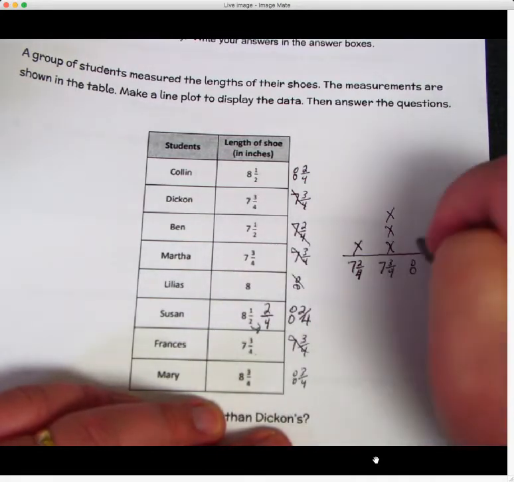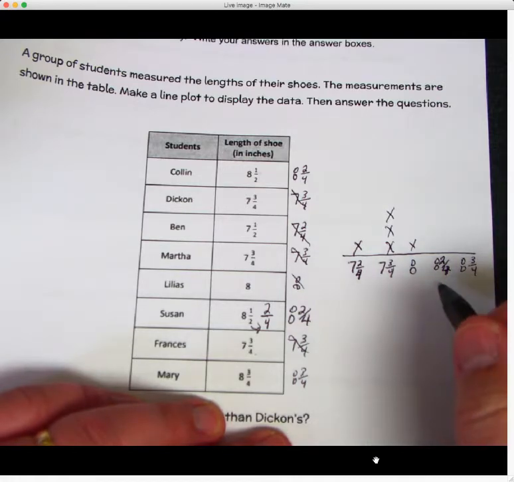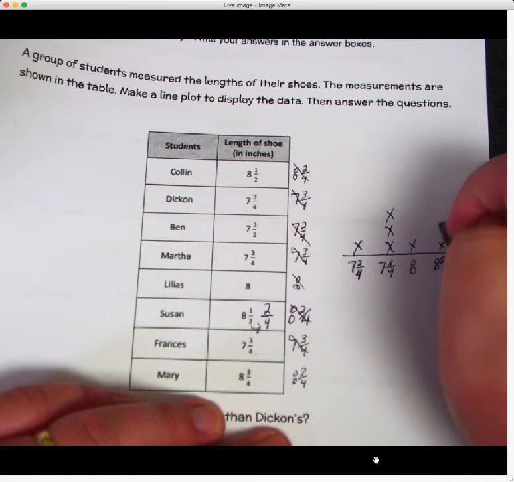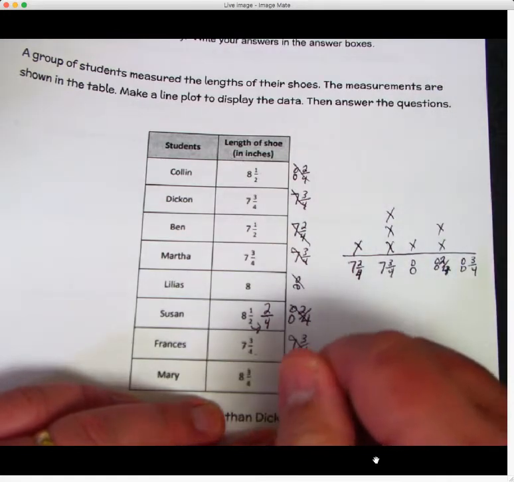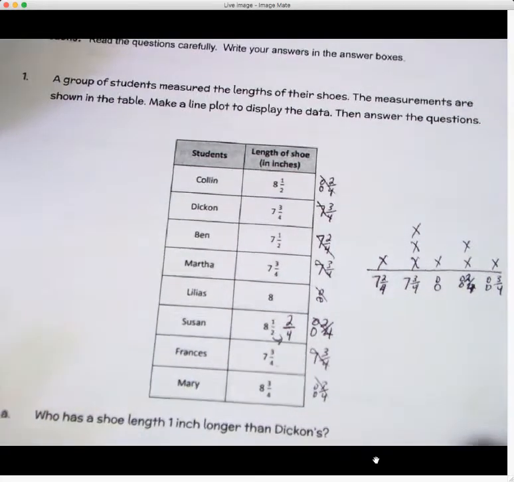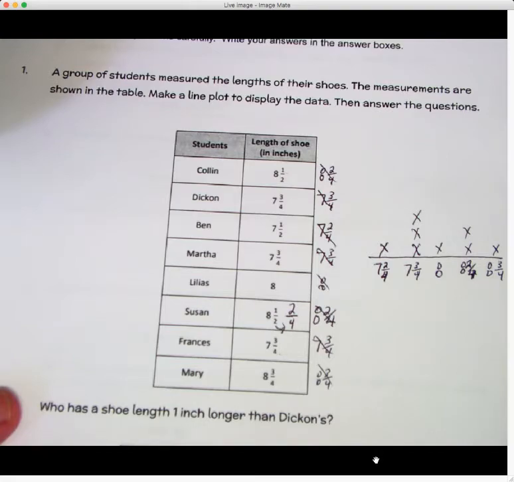Just 1. How many 8 2/4 do I have? There's 1, 2, and I have 1 at 8 3/4. So that's what a line plot looks like. There's nothing fancy about that. It's just putting X's above the sizes. But it might help us answer some questions, okay?